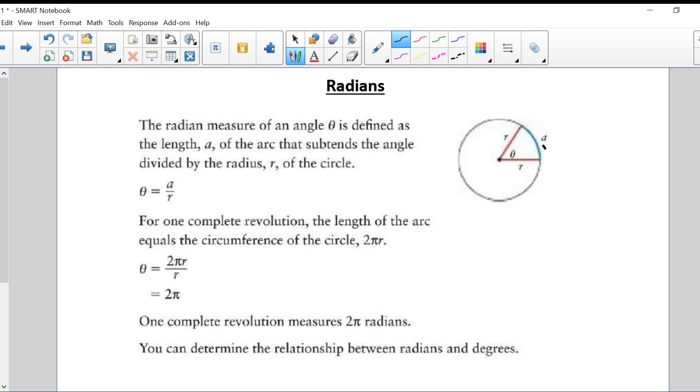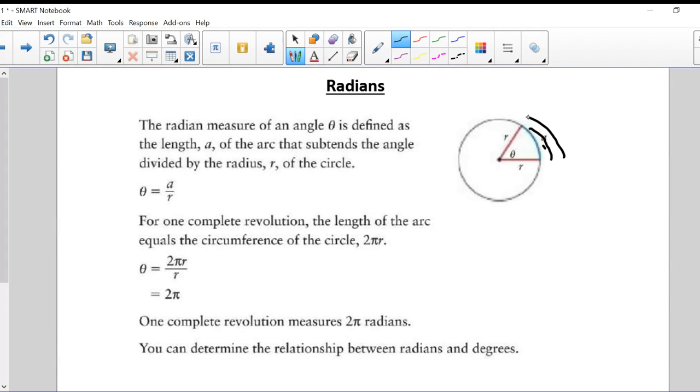So what you're going to see along the side here is it says that the radian measure of an angle is defined as the length of the arc that subtends the angle divided by the radius of the circle. So if I have two radius lengths here, let's say this R here is, for instance, 3 centimeters. So if I go 3 centimeters along the edge here, that will be 1 radian.